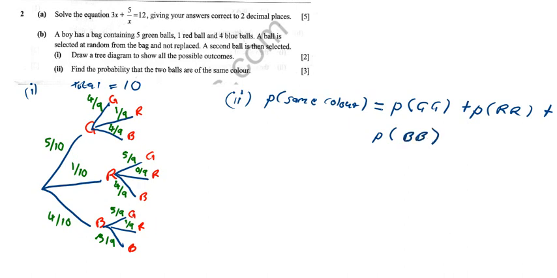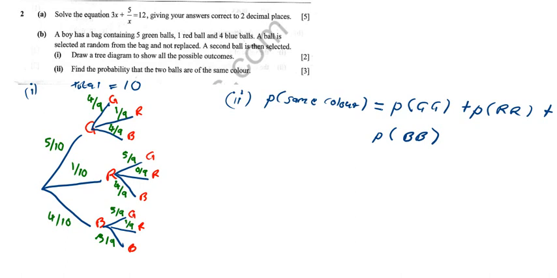Those are the same colors, because you can't take a green and a red, since you know that is not the same color. So I get those three probabilities.